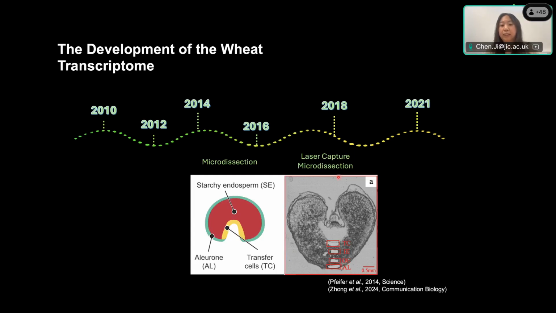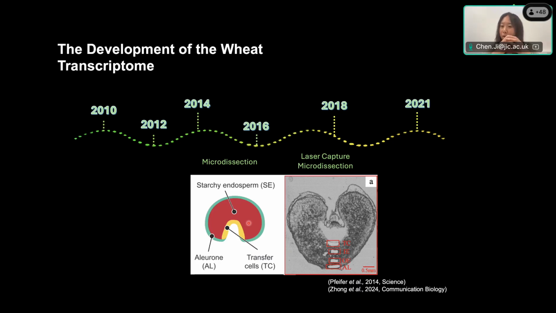And also, if you want to see more details of the grain, for example the endosperm, you can use micro dissection or laser capture micro dissection. For example, this is a picture of the endosperm. If you want to see the endosperm in detail, you can put it under the microscope. The outer layer of the endosperm has cells that are very small and very dense, different from the other cells.